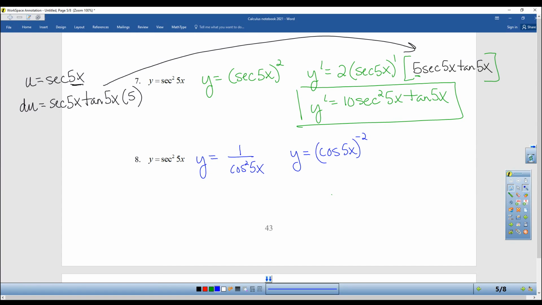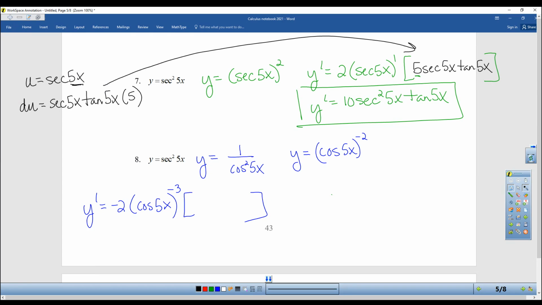So I still haven't done a derivative. It's really important that you keep labeling your work. Y is equal to, y is equal to. Now I'm going to do y prime. Negative 2. This stays exactly the same. Don't take the derivative yet. Don't change it to sine yet. To the negative 3. Now times the derivative of the inside.